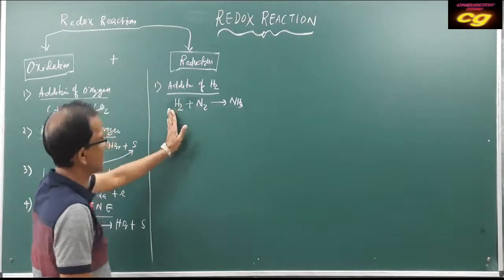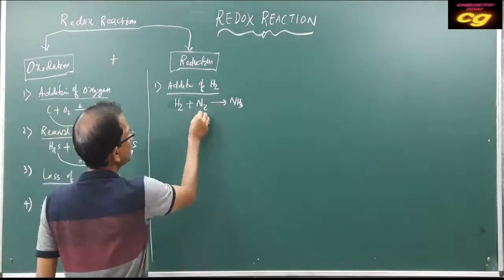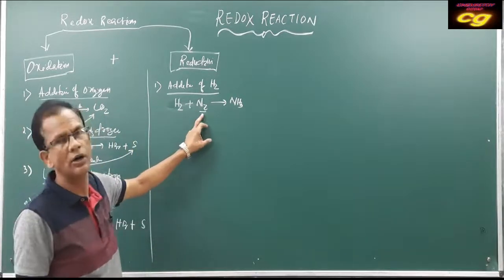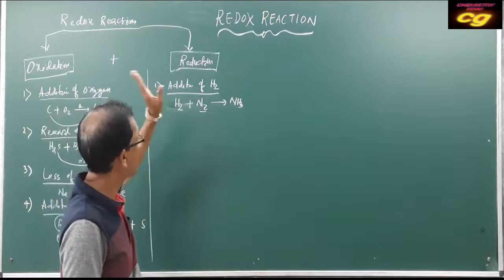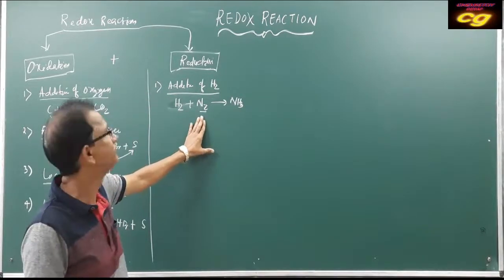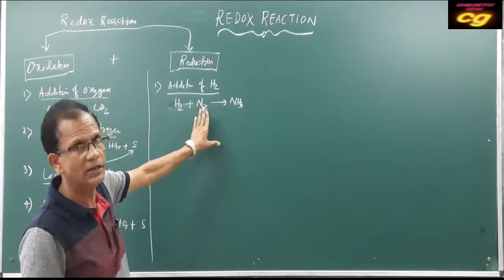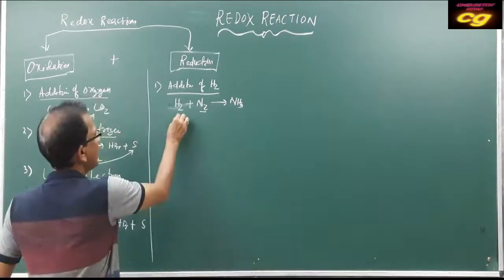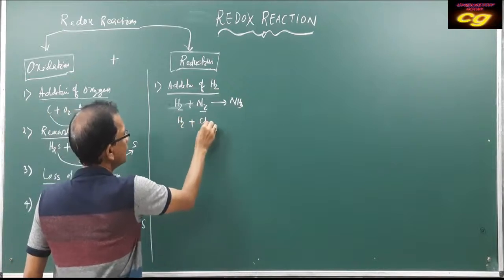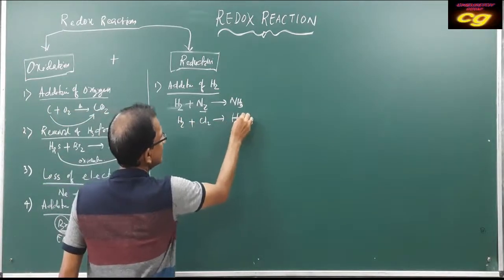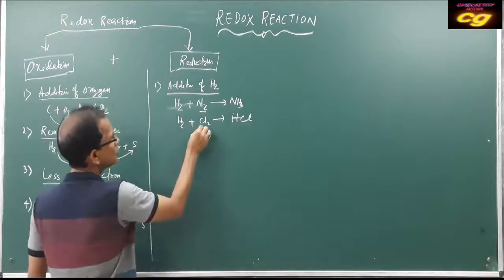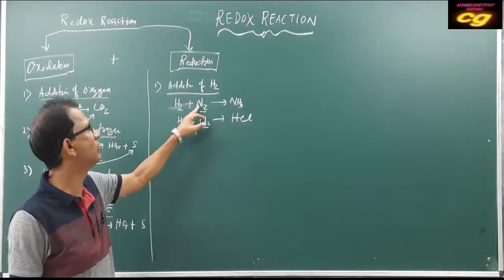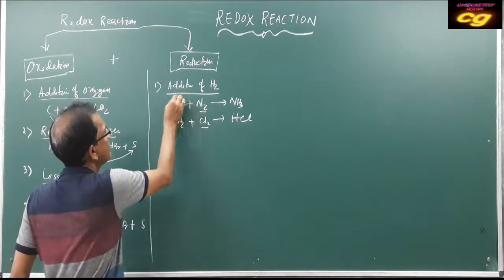Here hydrogen is added to nitrogen, so nitrogen undergoes reduction. Nitrogen is reduced. So addition of hydrogen is called reduction. Hydrogen plus chlorine gives HCl, here also chlorine is reduced.